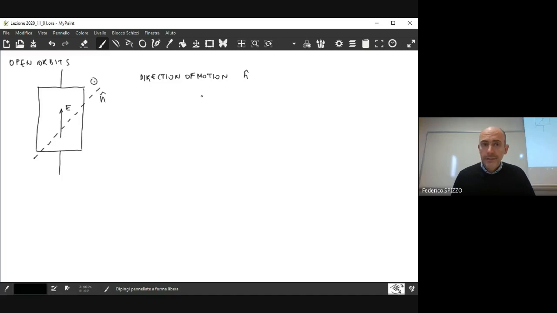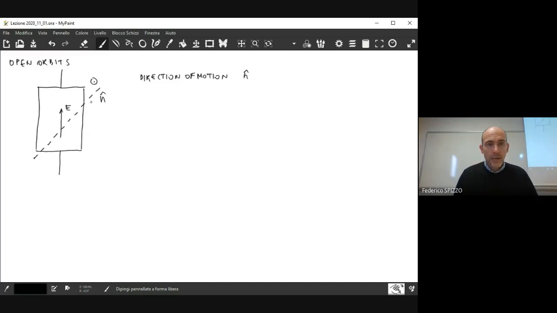What we have just learned is that when B goes to infinity, the capability of the electron to move in the system is just along that direction. So this means that if you have a current in the system, that current may propagate only along an orbit that is parallel to n.